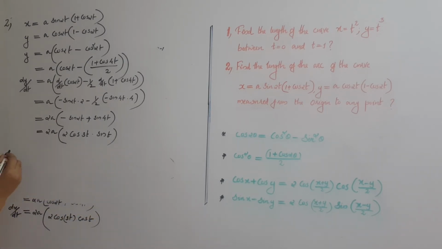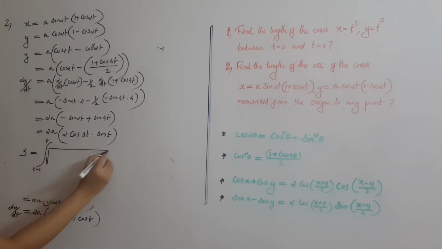This is dy by dt. Now, the length of arc of the curve S is equal to, the parameter t varies from t is equal to 0 to an arbitrary point t, integral of root of (dx by dt) the whole square plus (dy by dt) the whole square into dt.